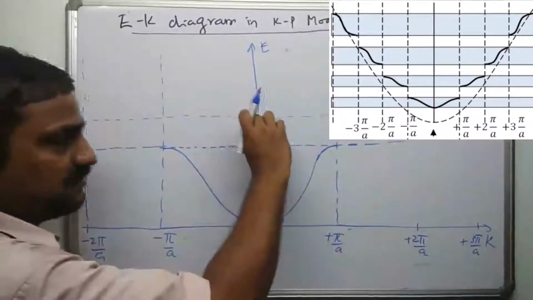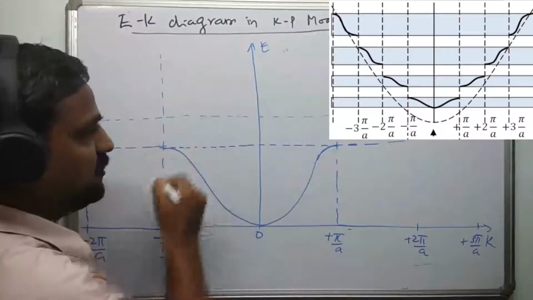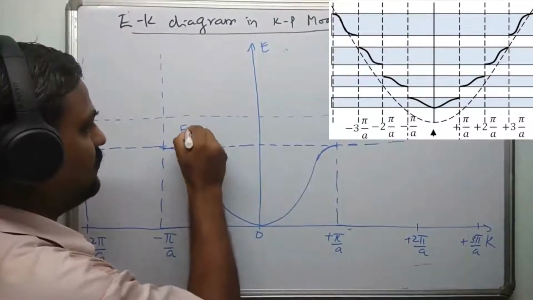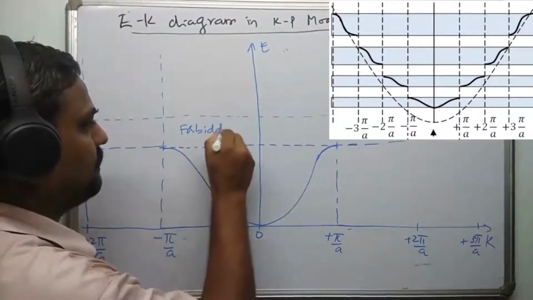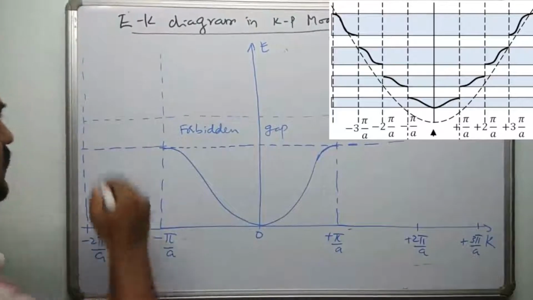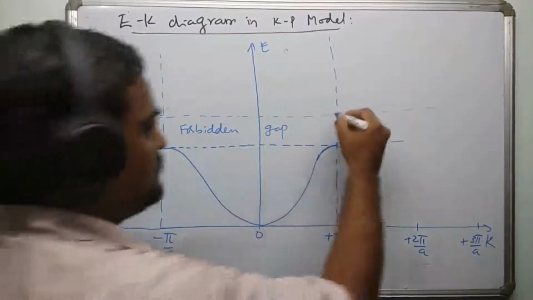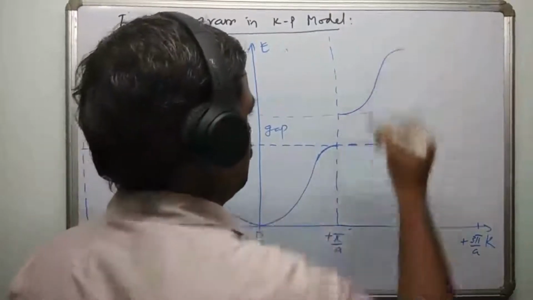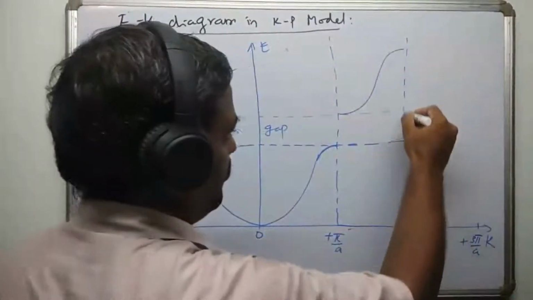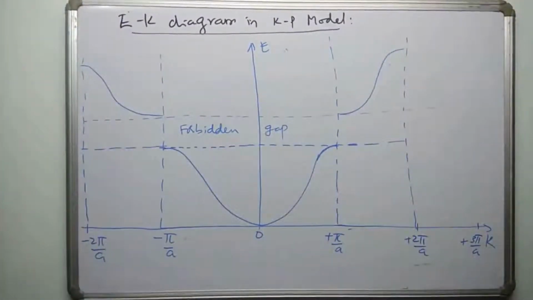Energy has some gaps because alpha has some gaps. So this gap is what you call a forbidden gap. After that, once again, the curve is going to take this kind of shape, and so on. Once again, at 2 pi by A, it is going to see similar curves.